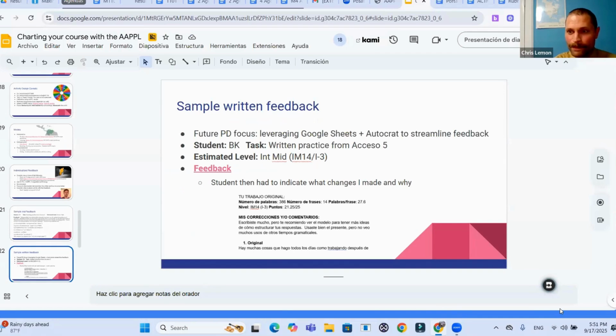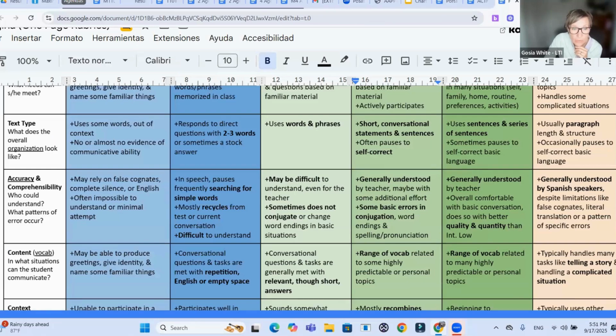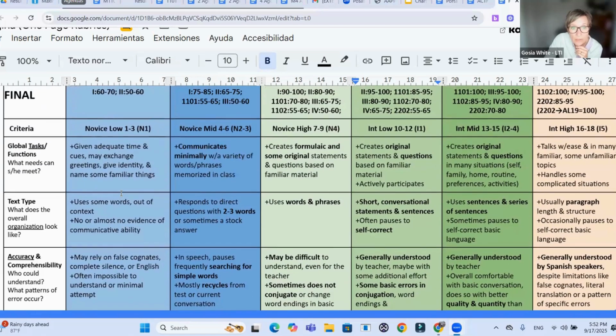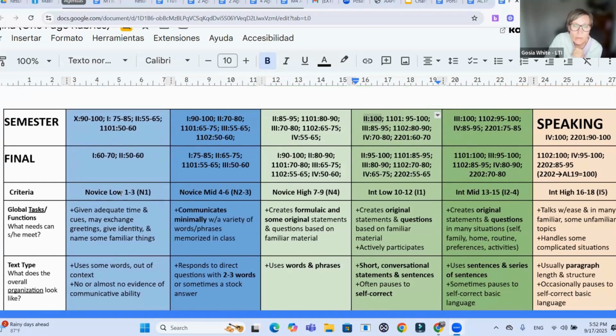Okay. So there were a lot of questions about rubrics, and I am really happy to let everybody know that just Monday, AAPPL made the new Apple Classroom Assessment rubrics for the presentational writing and interpersonal listening speaking available.